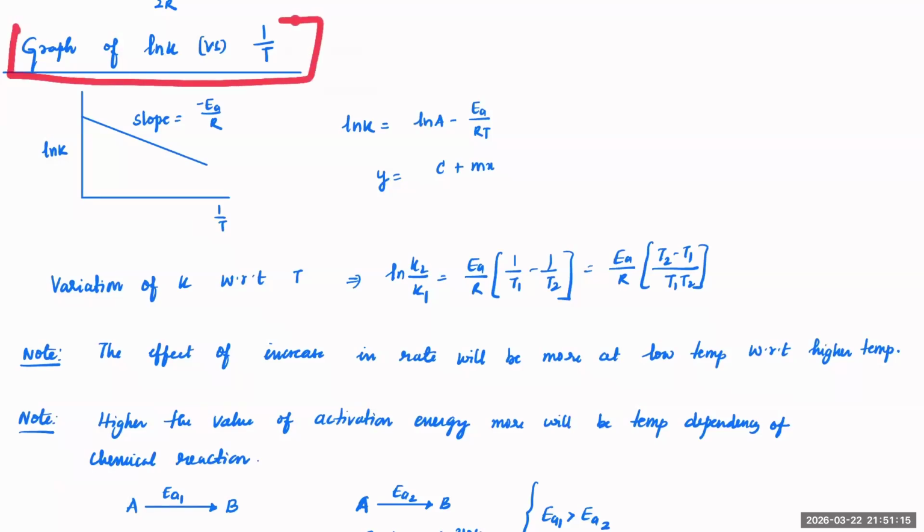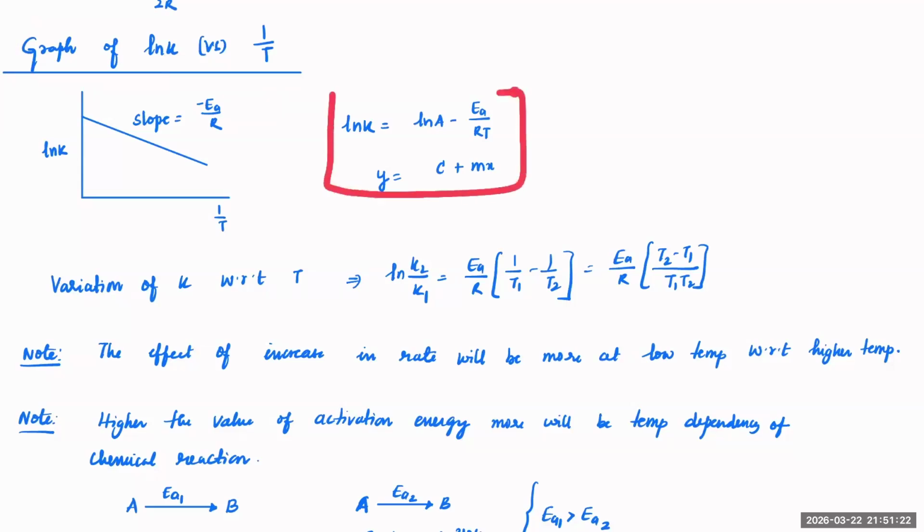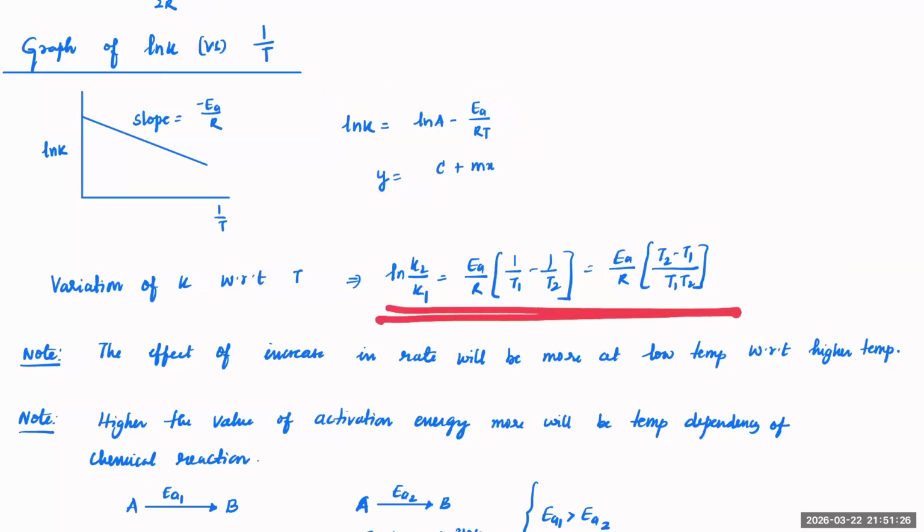I was trying to explain how the graph of ln k versus 1 by T is. Okay. So ln k versus 1 by T, this is the formula for ln k, and you know the variation. And in this variation, you can see the numerator has a differential value, denominator has a multiplication value.